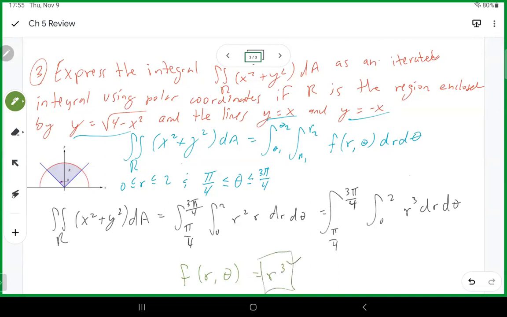So this is the answer you would put in the box for f of r comma theta. For your thetas, you would do theta 1 is pi over 4, and theta 2 is 3 pi over 4.